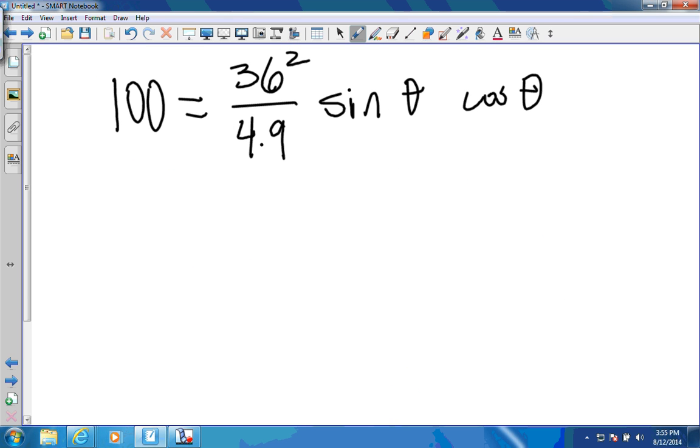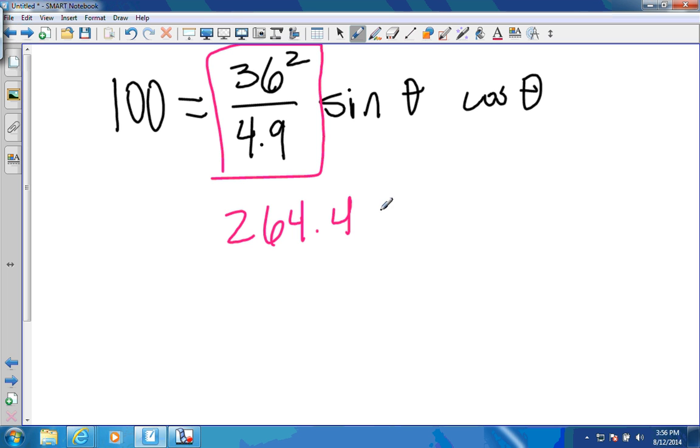All right, with this one, you're given some information in an equation or a story, and you have to substitute the values in. It's 100 equals 36 squared over 4.9 times sine theta cosine theta. If you take this and simplify it, you're going to get somewhere in the vicinity of 264.4.